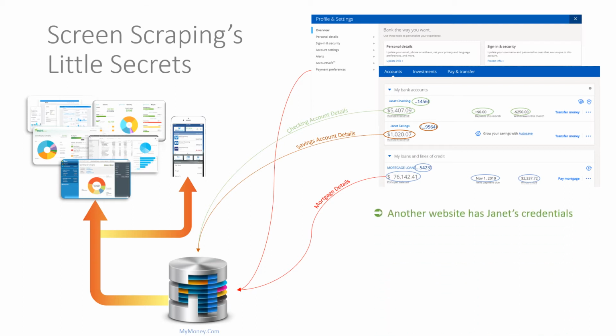We have another entity out on the web that has Janet's credentials. And we're just fingers crossed that these guys understand technology and understand security. And I will just tell you this, early on with many of these financial technology firms, security is in last place. First and foremost is focusing on the functionality of the website, of the app itself.